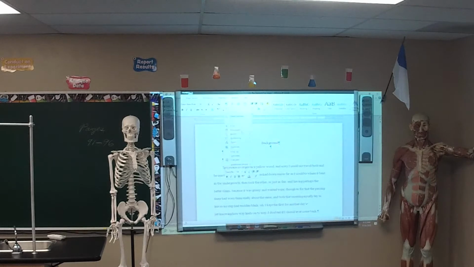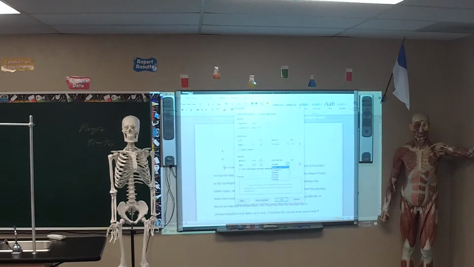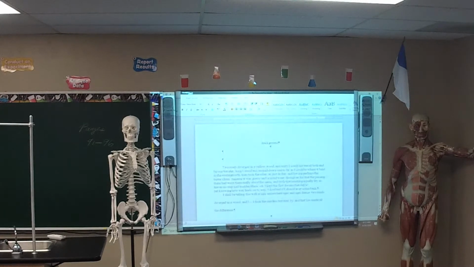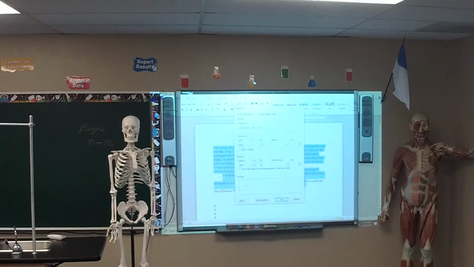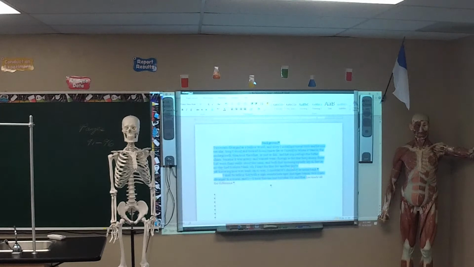Right click, paragraph, okay. Whoops, that was not what I wanted to do. Alright, so I'll make sure I have all this single space just for now, so I can check this stuff, so I can fix that. So paragraph, single space.